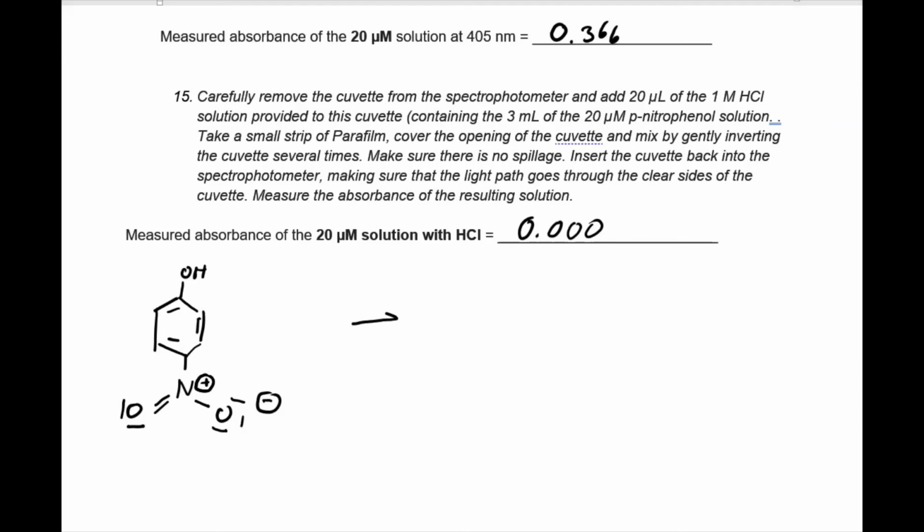if we have an alkaline solution, we lose the proton that we have here in this position, and we would get something like this. So O, that is now negatively charged. We have the aromatic ring here, and we've got the nitro group here. So that's negatively charged, and that is positively charged.